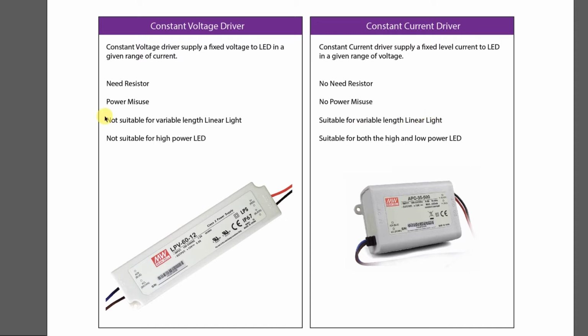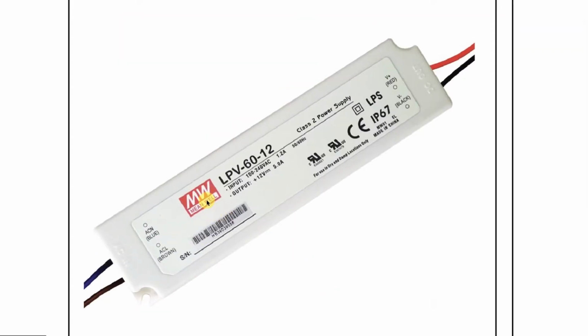In my another presentation, I will show why constant voltage driver is not suitable for variable length linear light. Also, constant voltage driver is not suitable for high power LED, whereas constant current driver is suitable for both high power and low power LED. This is an example of a constant voltage driver. The brand is Meanwell and the model number is LPB6012.